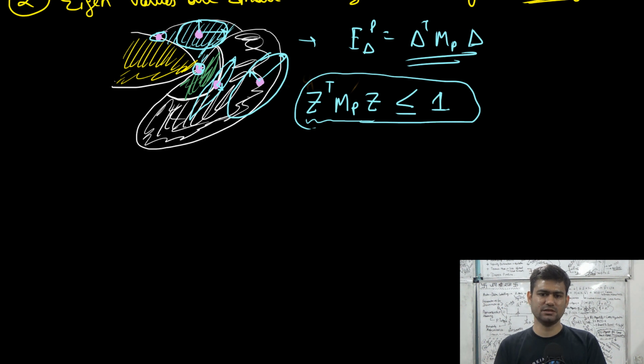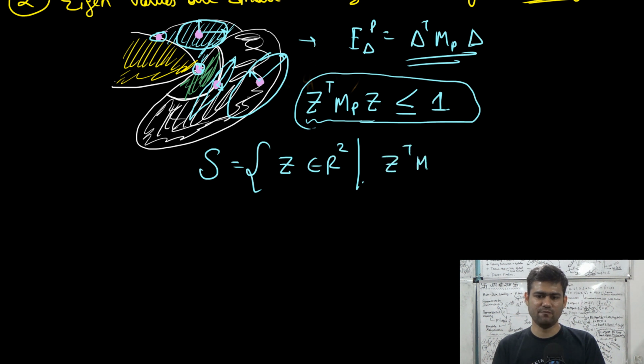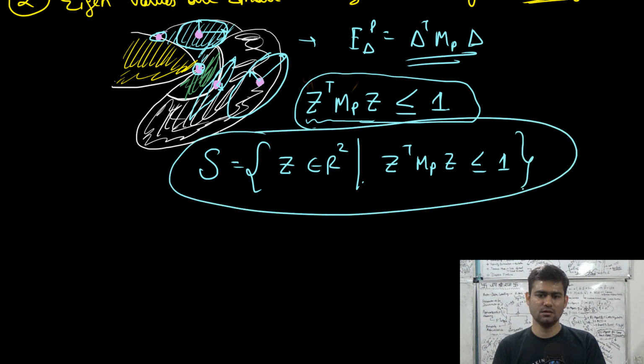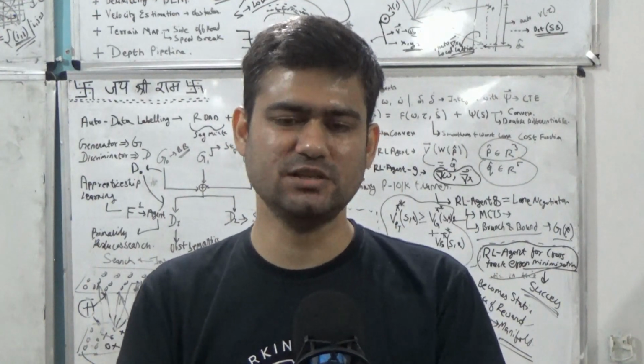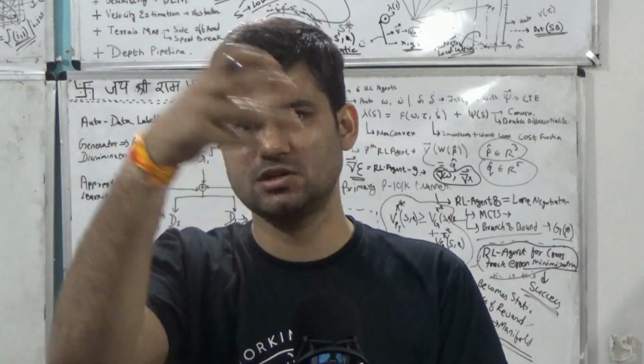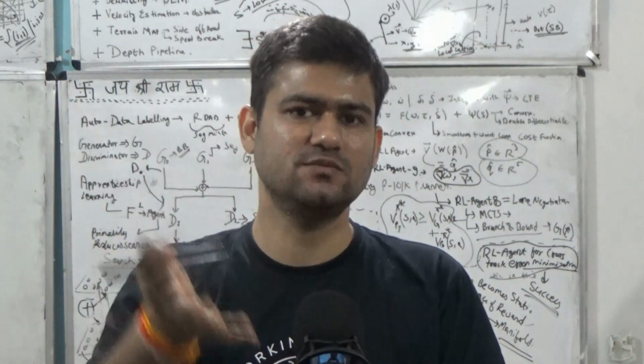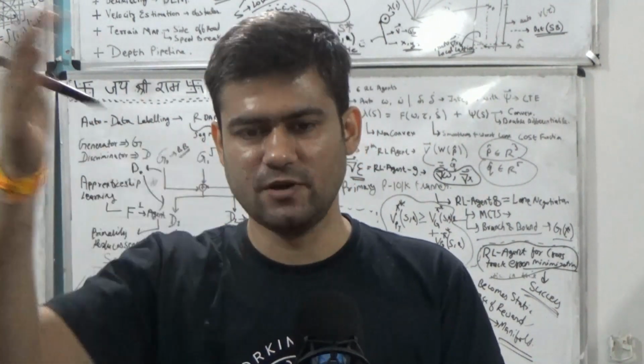So to plot these ellipses, you can find the set S, which is the set of all Z, being two-dimensional real vectors, such that Z transpose MP Z is less than or equal to 1. So you can plot or scatter all such Z points, and then you will get the ellipse corresponding to each matrix MP at different pixel locations.